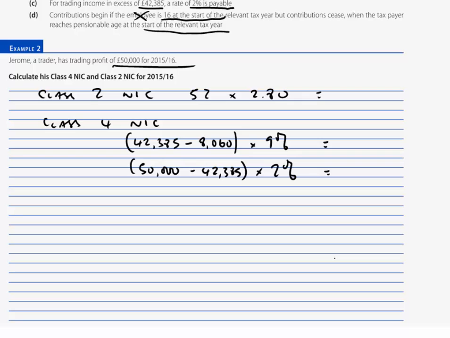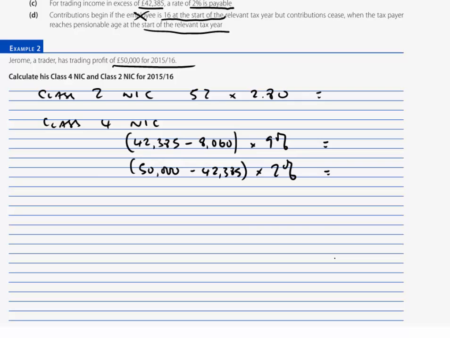So we should be aware of what are the different types of contribution that are paid by individuals and, where appropriate, employers. We should know their labels, and we should know the basis of the calculation. That brings to an end our brief study of national insurance contributions.